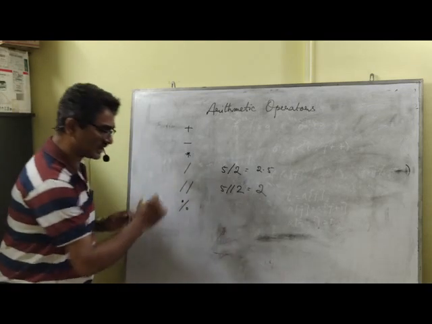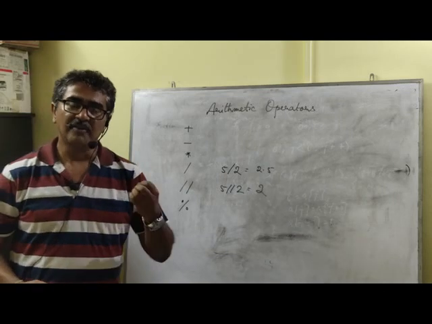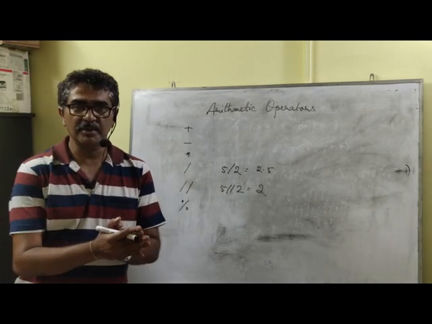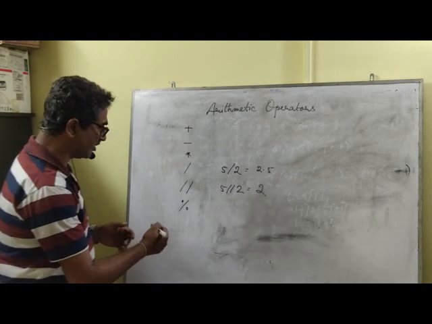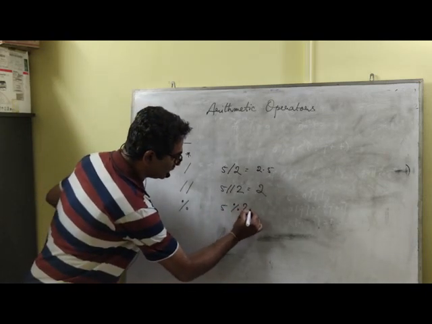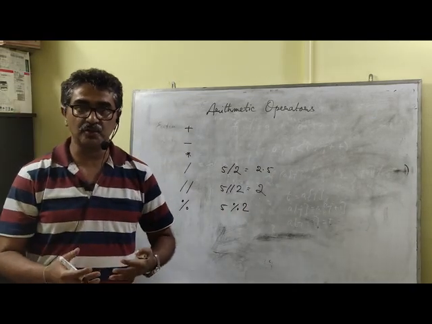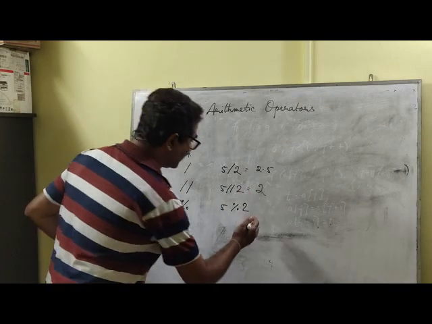Next comes modulus. The modulus operator is used to find the remainder when a certain number is divided by a certain number. For example, suppose I have 5 modulus 2. When you divide 5 with 2, what is the remainder you get? Obviously you get 1.